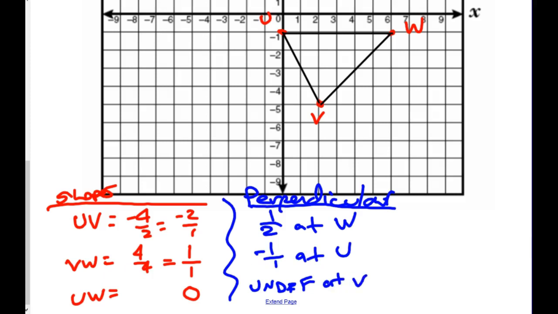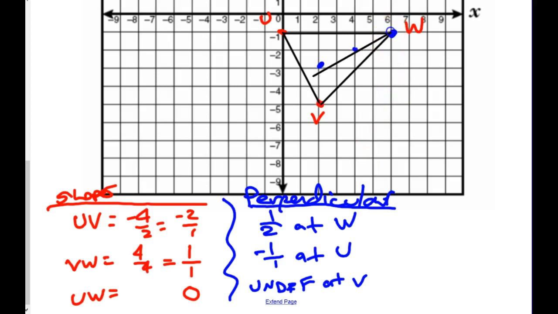So, with that said, at W, we're using a slope of 1/2, so it's going to go like this, because up 1, right 2, or down 1, left 2. So that's how I got these 2 points. Down to the left is the same thing as up and to the right. So I'm going to make my altitude here.